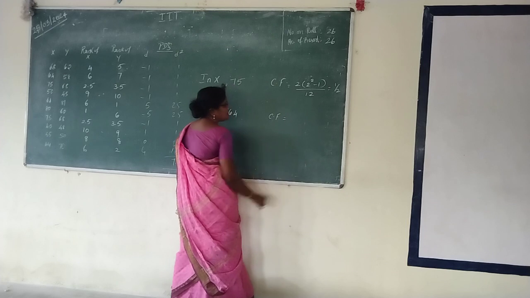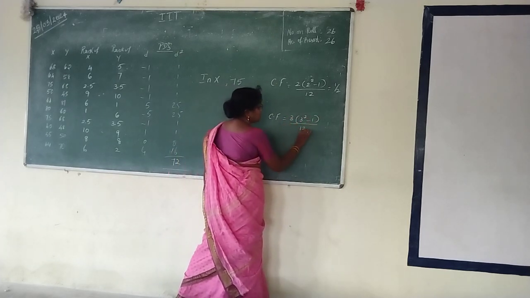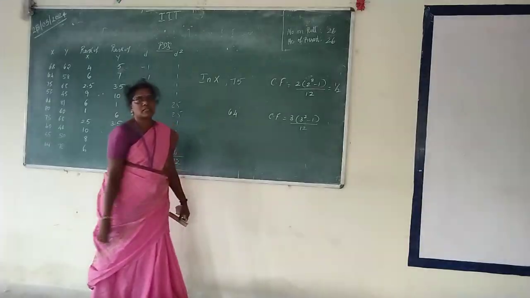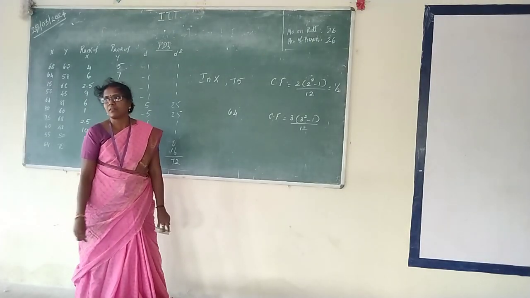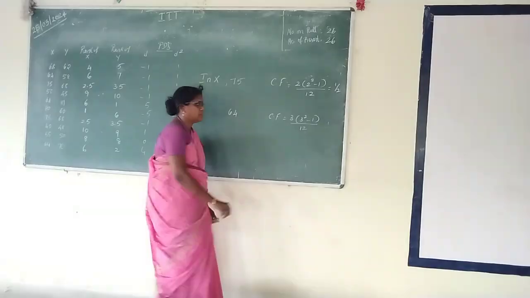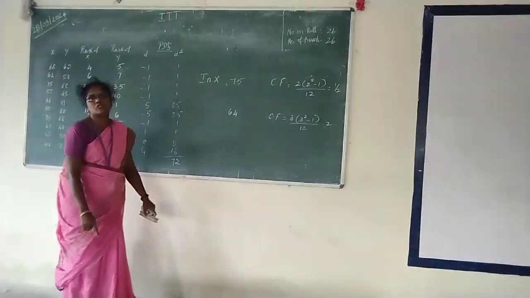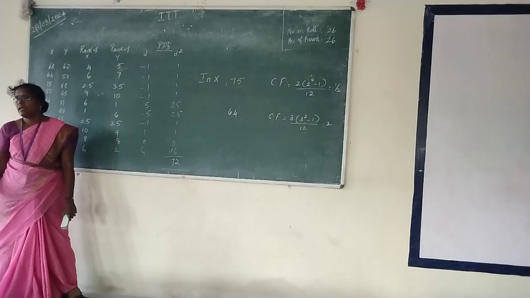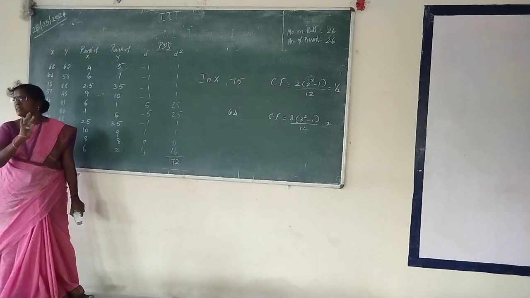So correction factor equals 3 into 3 square minus 1 by 12. 3 square is 9, 9 minus 1 will be 8. 3 into 8 by 12, 24 by 12 is 2. Okay, any other repeated value next? If there are any other numbers, you have to find it the same way.